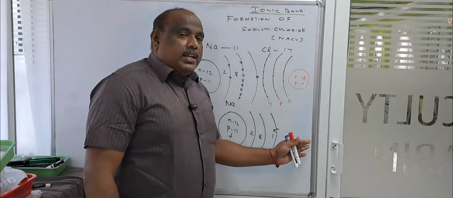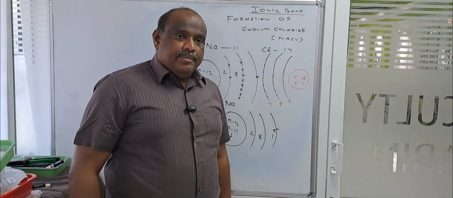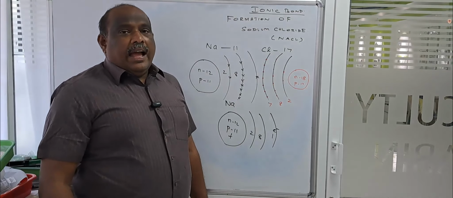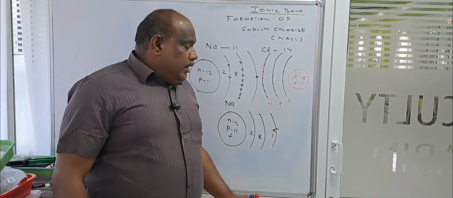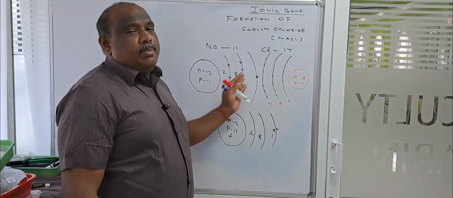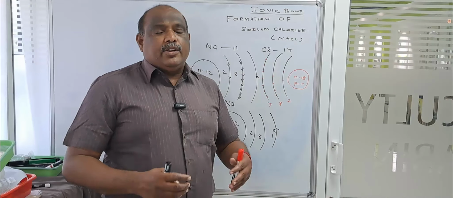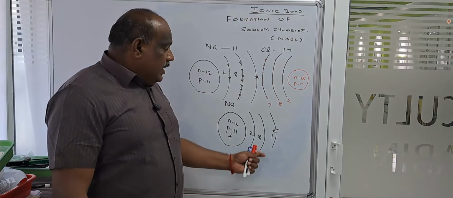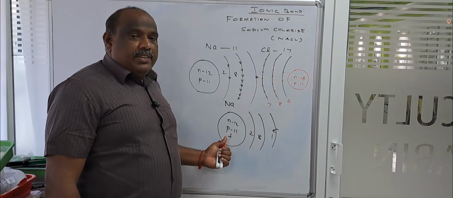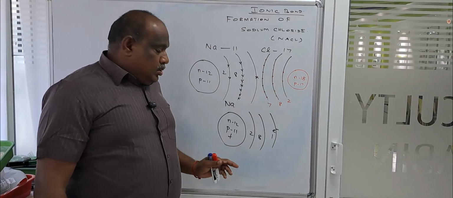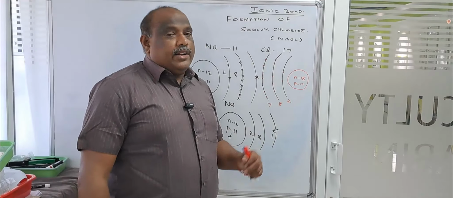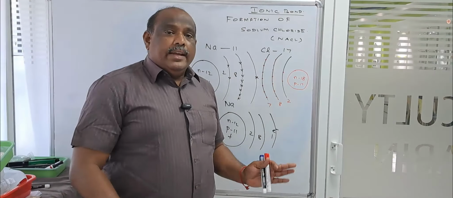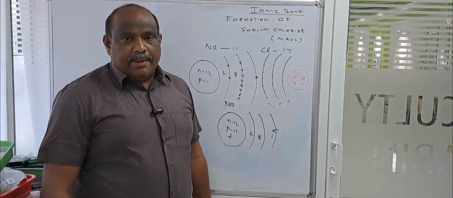So if I want to remove this electron, will it be removed easily? No, definitely it will not be removed easily. I have to supply external energy to remove this electron from the sodium atom. Even though the sodium is ready to give the electron, it does not simply give it, because this electron is attracted to this proton as they are opposite charges. So definitely we have to spend some energy to remove this electron from the sodium atom.